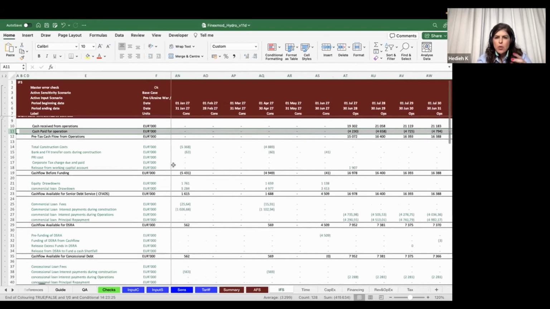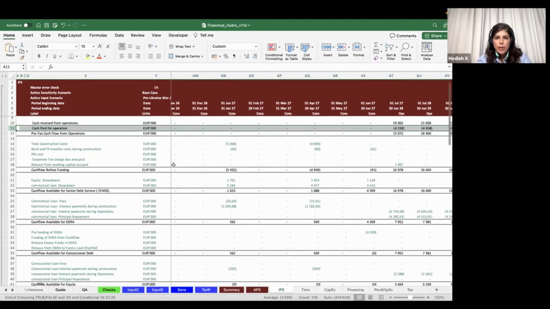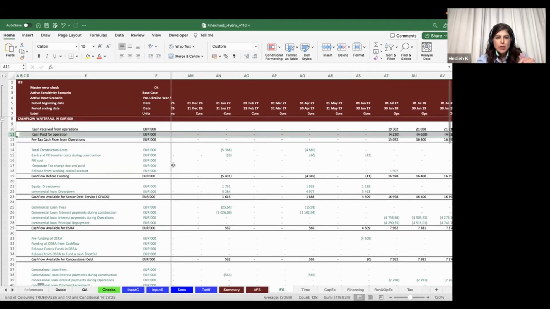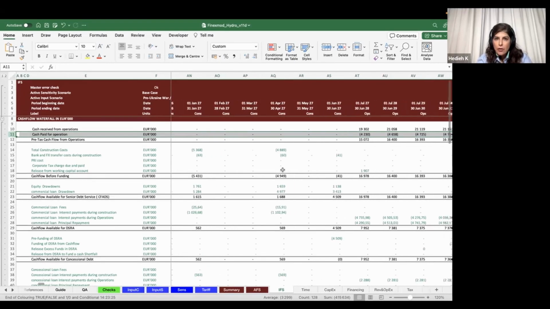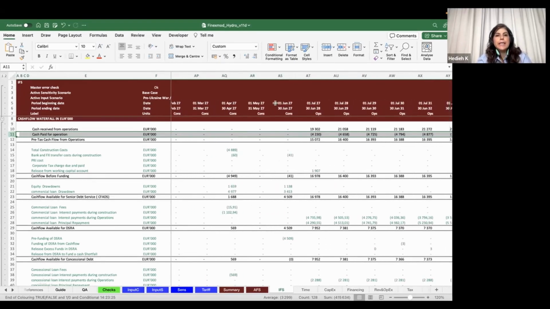So you might ask me, Hedieh, why are you including the CapEx as well in your cash flow waterfall? You told me that you have already dealt with it in the sources and uses of funds statement. That's correct. When I come to the cash flow waterfall, I don't really need to look at the construction, because the ranking, as we said, is not a concern at the construction phase.